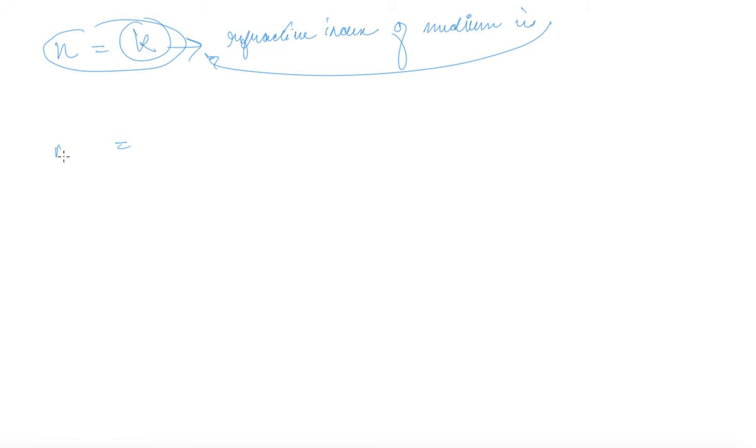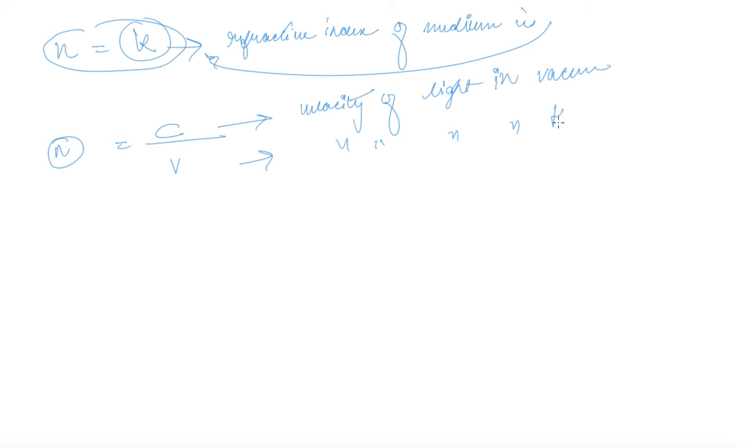That is, if I am talking about the refractive index of a particular medium, I want c, that is the velocity of light in vacuum, as compared to the velocity of light in that particular medium. So this is what actually my refractive index is.